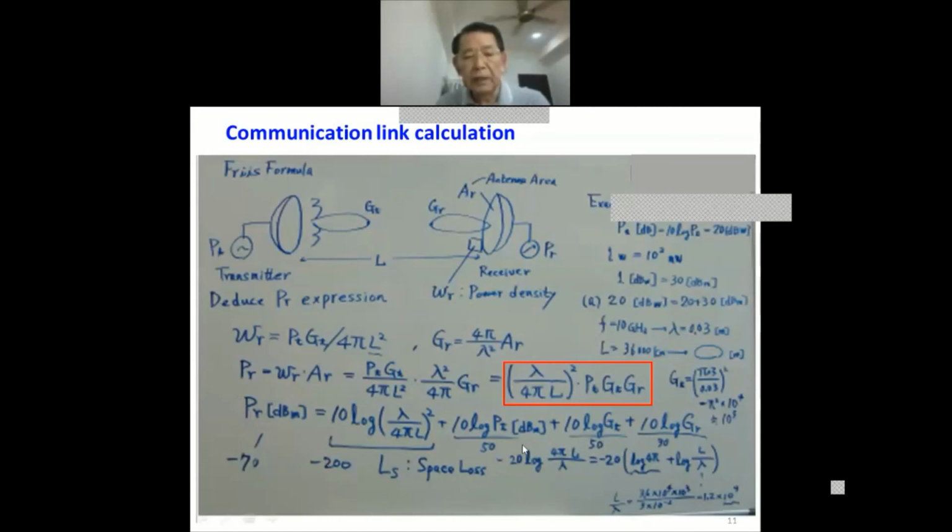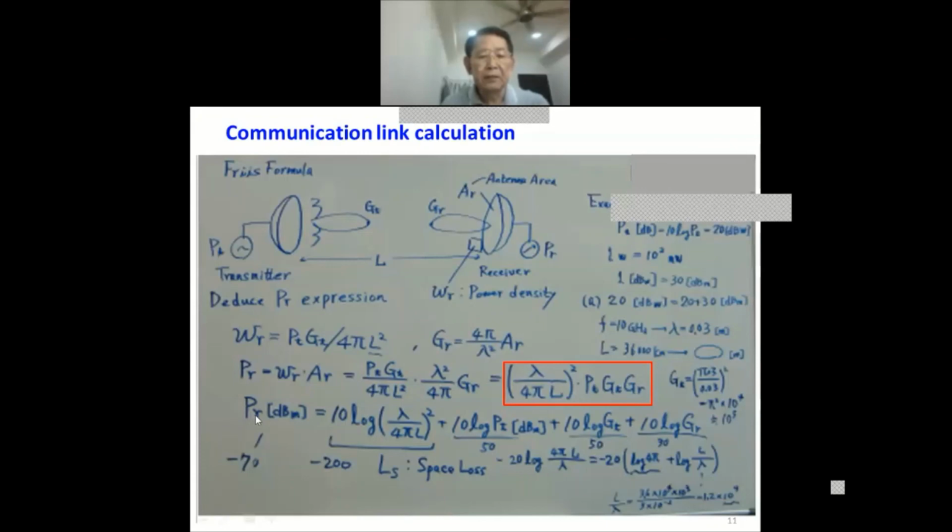If it rains, more rain attenuation is added, so this minus 90 dBm is reduced to the noise level. So your satellite TV is very weak against rain.